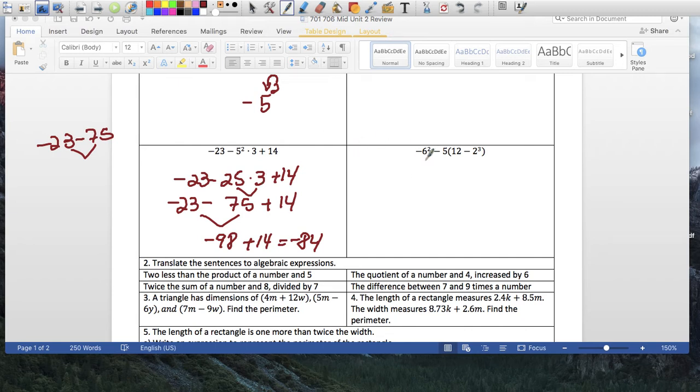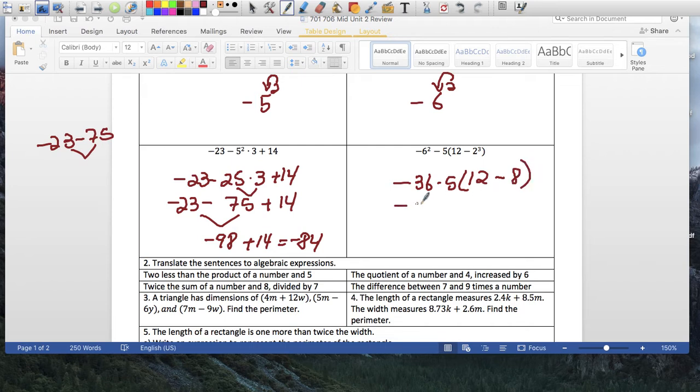On this side, I have negative 6, and again, let me just show you that the exponent applies to this only. So do not put negative 6 times negative 6, because that's not what's happening here. It's just 6 to the second power, and that becomes 36. Minus 5. Inside the parentheses, I'm going to do the exponents. 12 minus 2 to the third power is 8.